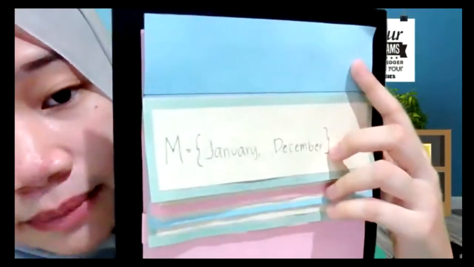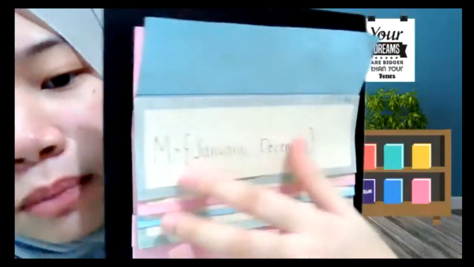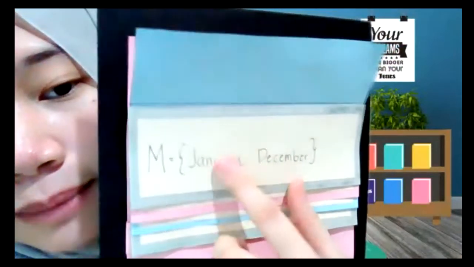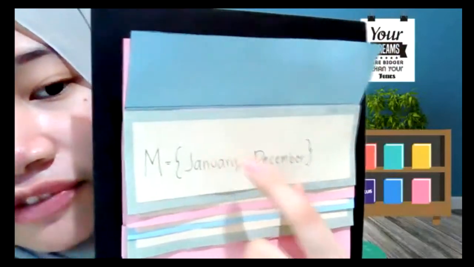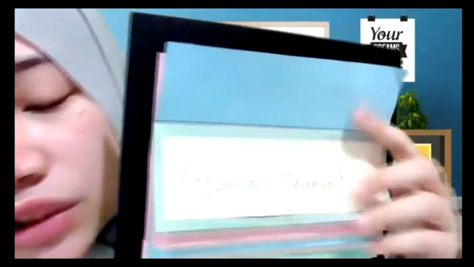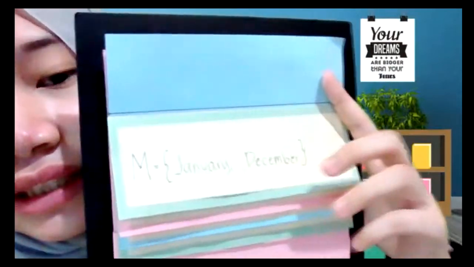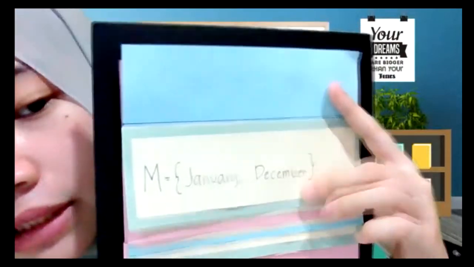You have to remember that when you see an ellipsis between the elements, it implies that the elements continue from the element before the ellipsis until the element after the ellipsis. So the set is considered finite because the elements terminate at a certain month, December in particular.